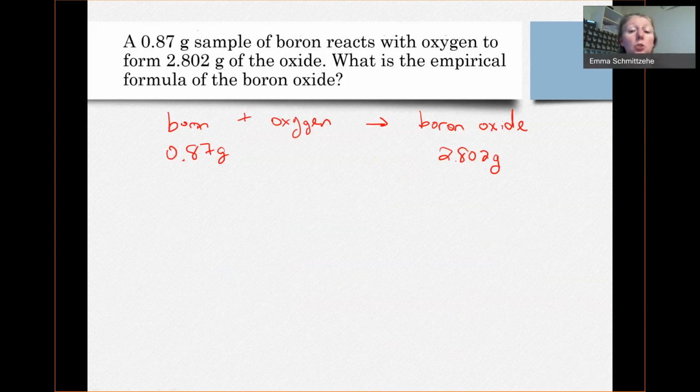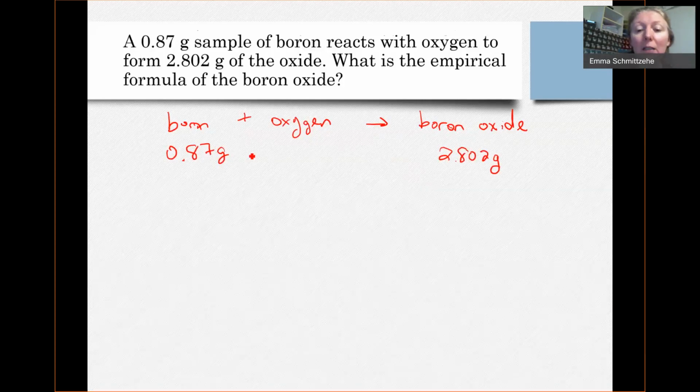And so to find the empirical formula of that, we need to know the amount of boron and the amount of oxygen, right? Because we need to convert each one of those to moles. You weren't given the amount of oxygen, but based on conservation of mass, the reactants and the products need to be equal. So what you started with and what you end with has to be equal.